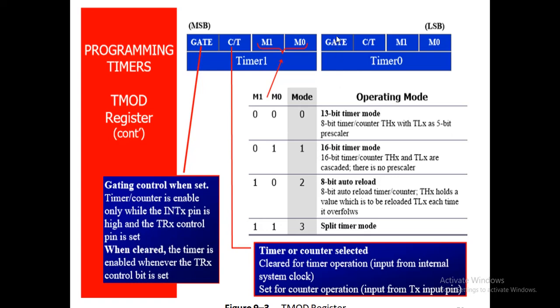If you make the gate bit 1, you must make the INTX pin high. Then only this timer and counter is going to be enabled. I will explain what INTX and TRX are, what the input from the internal system clock is, and for counter operation the input from the TX input pin, in the subsequent slides.